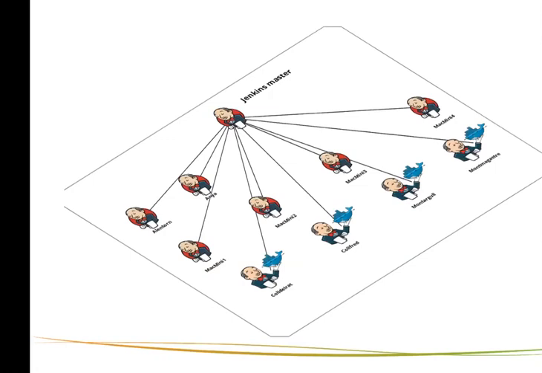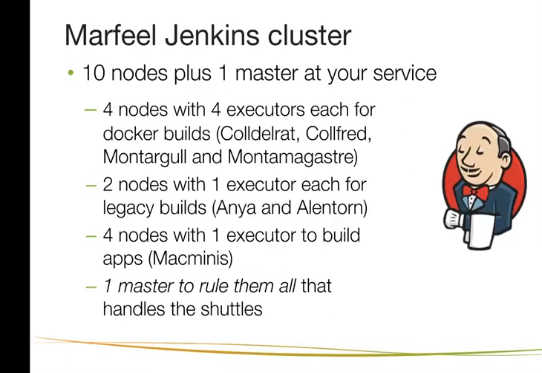And now we have 4 more nodes, added maybe 6 months ago, I would say, that run with Docker. Running with Docker is what I was telling before. For example, in Alentorn and Anya, you can have one build at a time, and with Docker, you can have more than one build at a time. So you can parallelize.